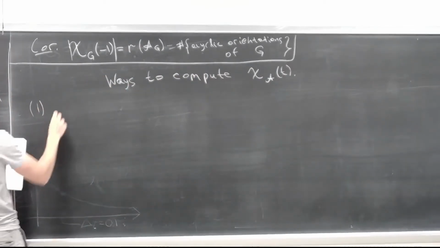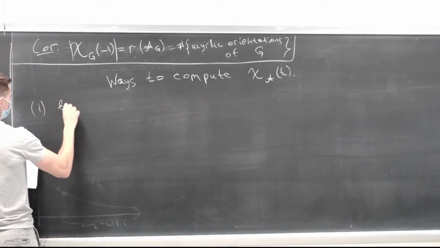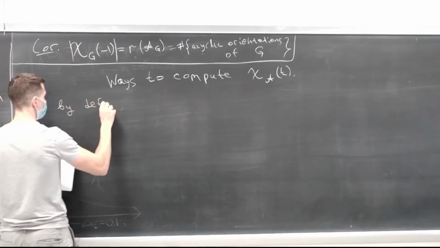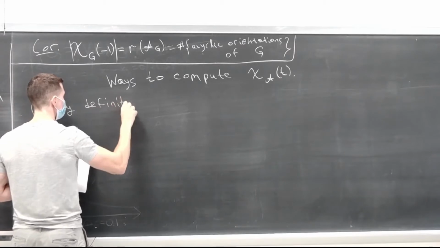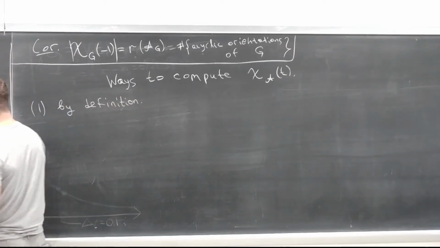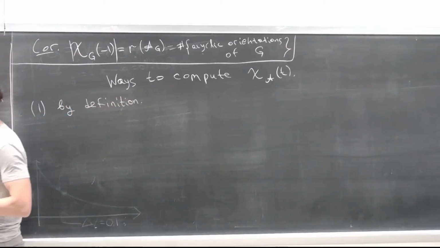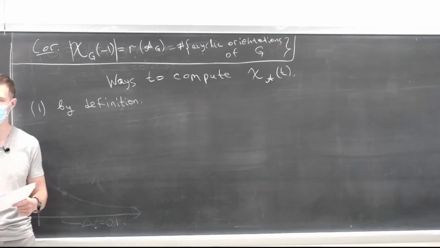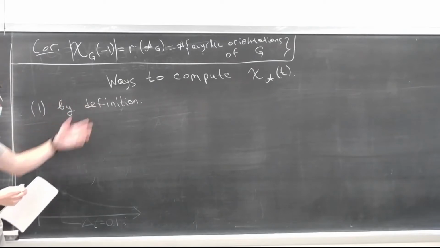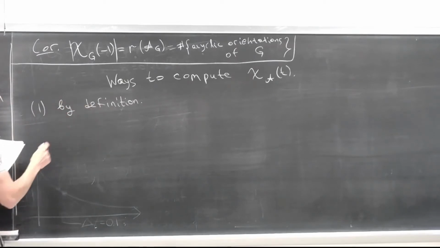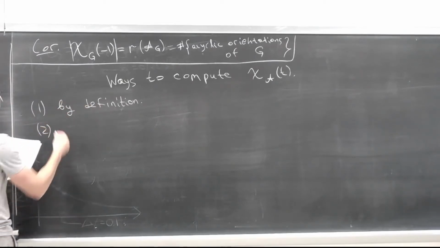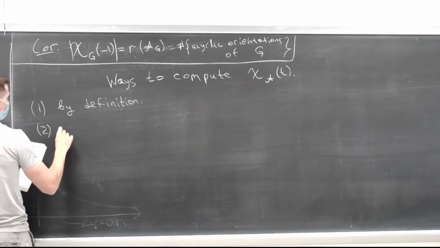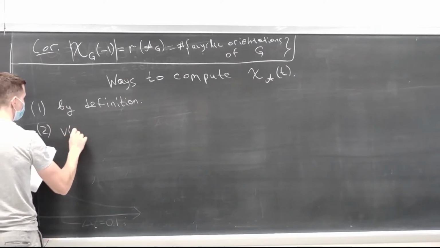One way is by definition. Even though the definition sounds kind of weird, in some examples, especially when things are generic, you can actually just compute the Möbius function explicitly. The second case, for graphs, let's say, you can compute it by deletion contraction.